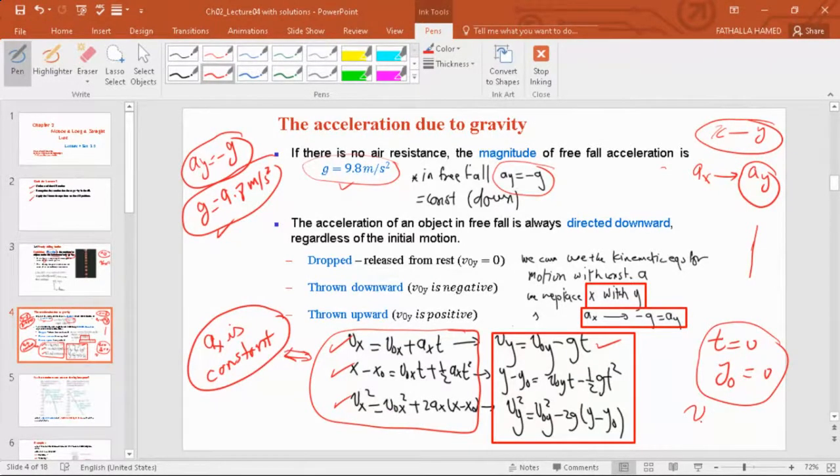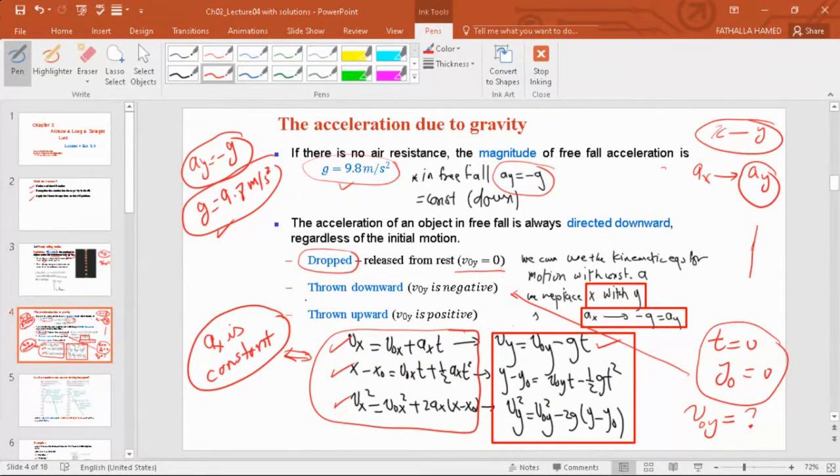Then you will have an initial velocity. Now, what is this equal to? It depends on your situation. If you're dropping something, then the v0y will equal 0. That's if you just drop something.